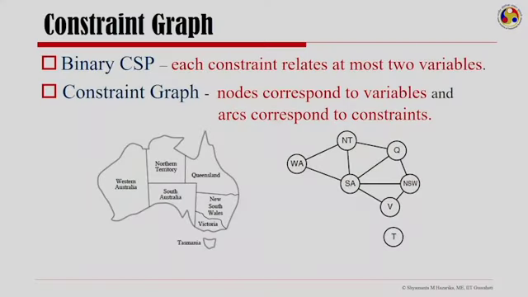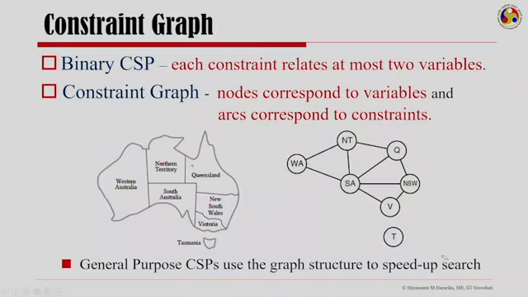Coming back to the map coloring problem here, we had 7 constraints, 1, 2, 3, 4, 5, 6, 7, and we could draw a constraint graph here to represent the relation between the variables, each of the nodes corresponding to the variables. General purpose constraint satisfaction solvers use the graph structure to speed up search. We will look at this in one of our lectures.